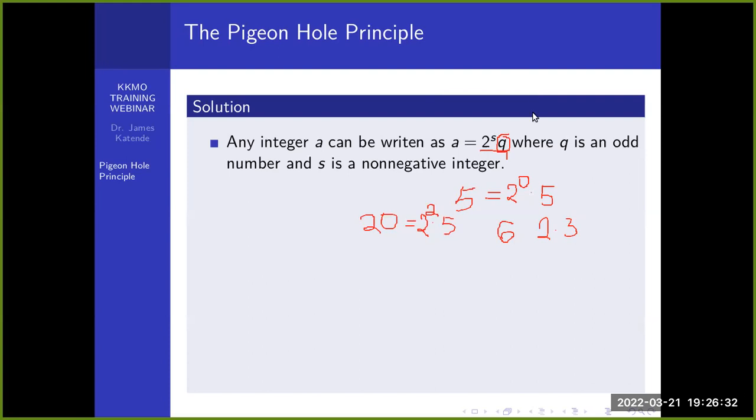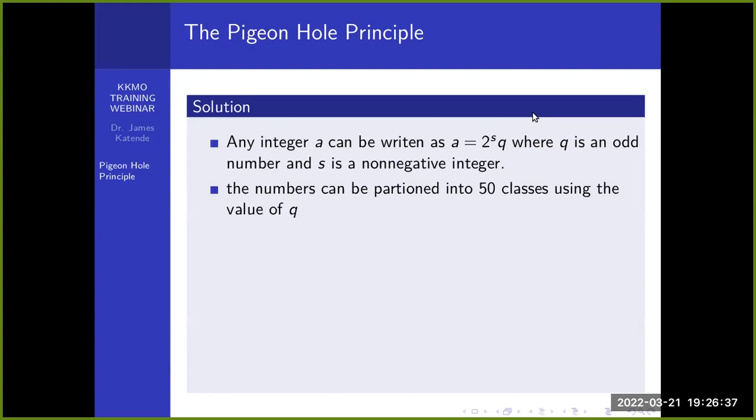There are exactly 50 odd numbers if you look at the numbers from 1 to 100, right? So the distinct values of Q, the Qs that you can get, are 50 in total.